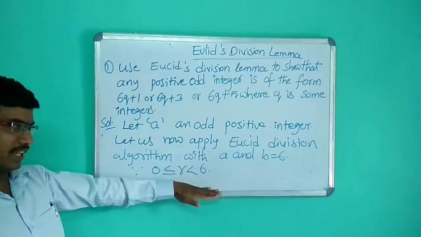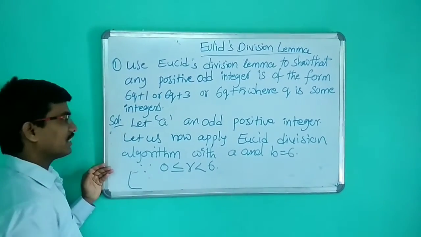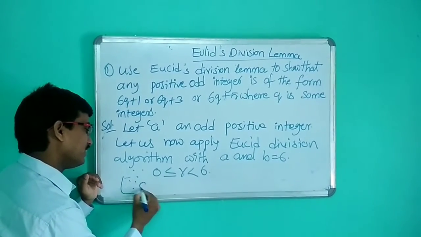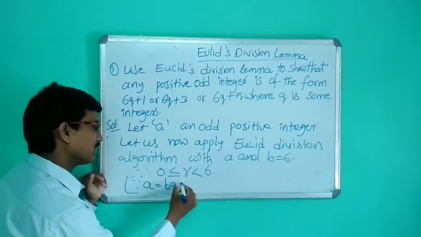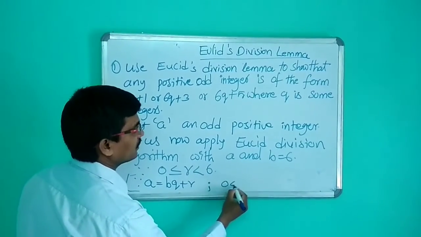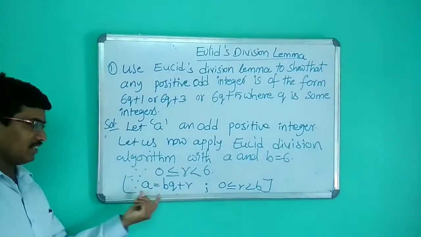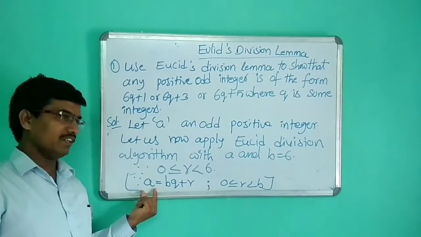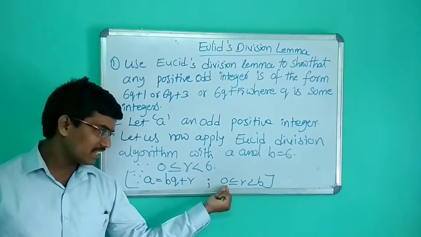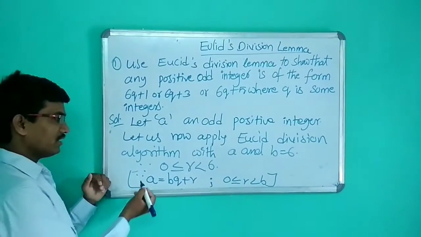Why do we take it like this? We know what Euclid's division lemma is: a = bq + r, where the condition is 0 ≤ r < b.